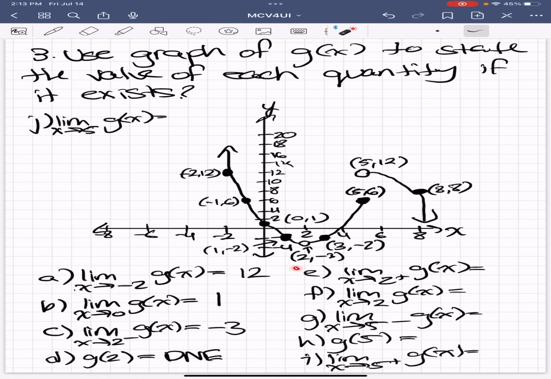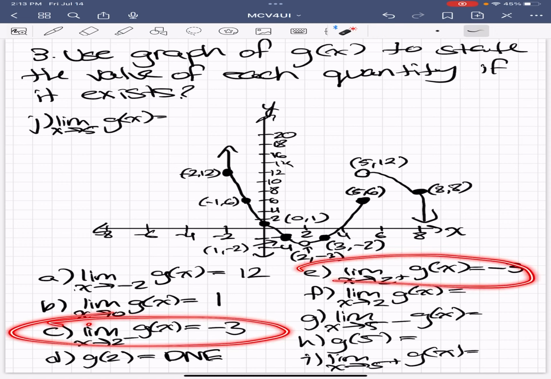Okay, for the limit as x approaches 2 from the right side, the limit is again negative 3. Because the left side limit and the right side limit are the same, the limit as x approaches 2 would be negative 3.